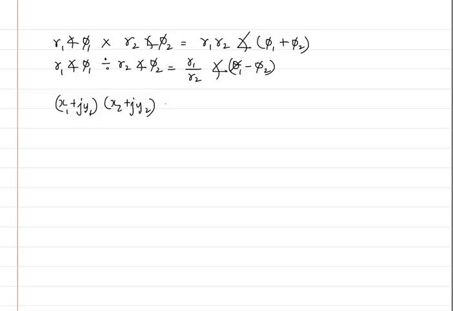Or you can do it another way, by considering them as, let's say, a1 plus b1 and a2 plus b2 and do the multiplication. But the easiest way is to convert first into polar form and then do the multiplication.